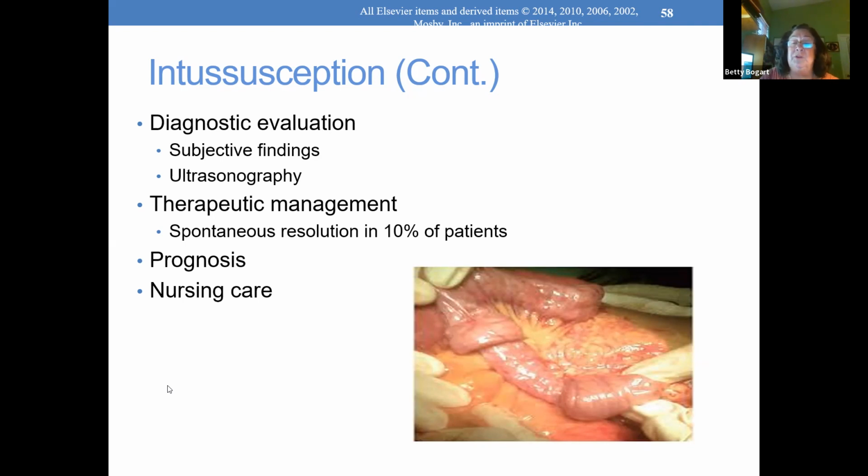That child will need to get an air enema by radiology, and they pump up air with a catheter into the rectum. They pump it up until it pops off that connection, that intussusception. And then in a very few cases, you might see them going to surgery because they can't disconnect it, and they're going to have to remove that piece of damaged bowel there.